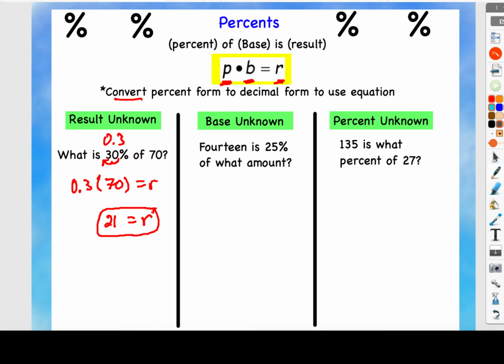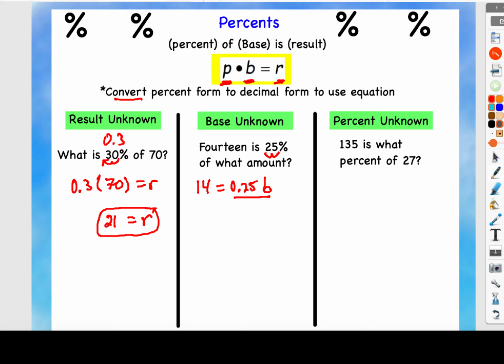If you don't know the base, well, let's see how that sets up. 14 is, well, let's start off by saying 14 is then. We'll move our decimal 2 spots. 25% would be 0.25. Of what amount? Well, the amount is the base, so I'm looking for b this time. Again, you can use whatever variable you want. You can call it x if you prefer.